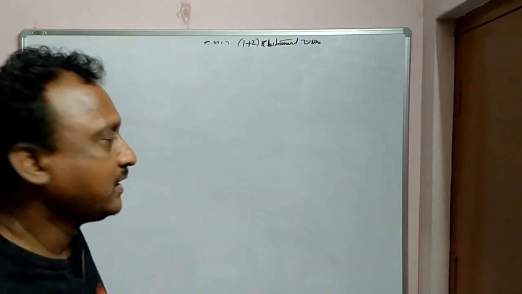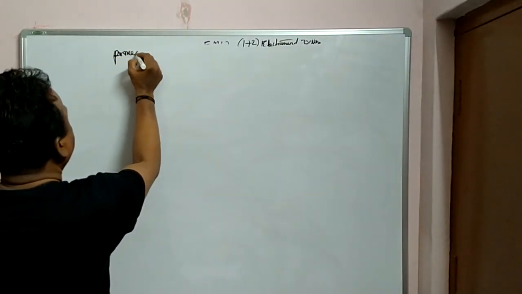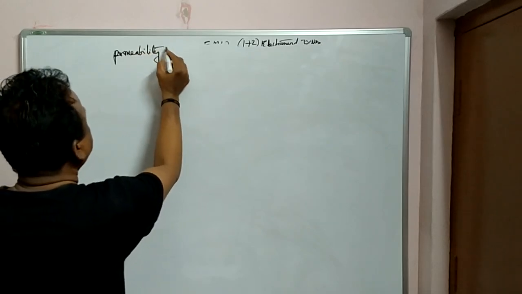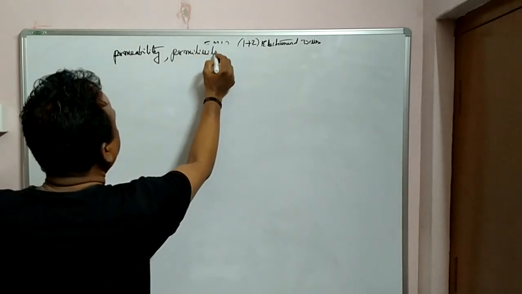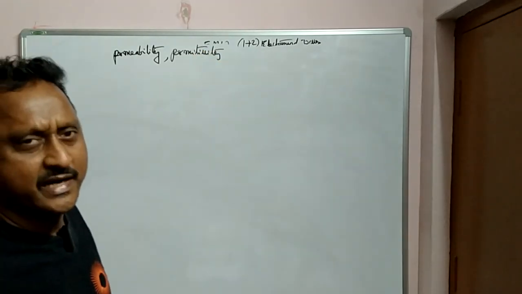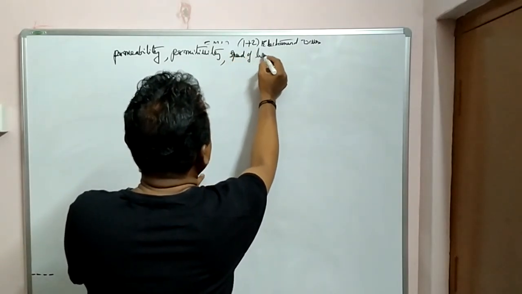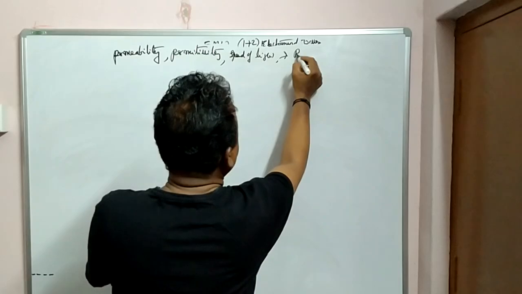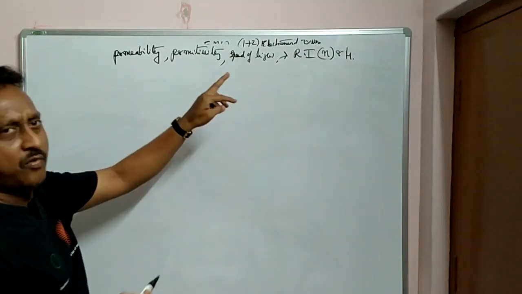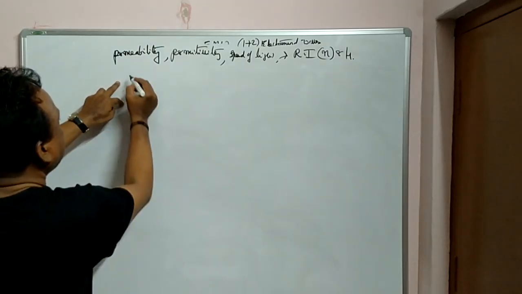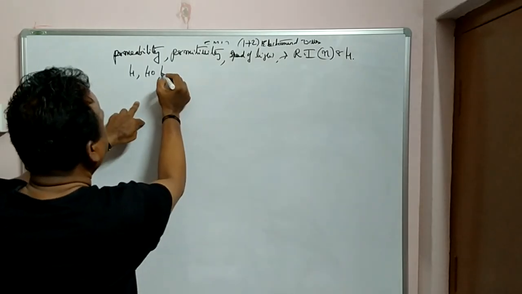Let us talk about the relation between permeability, permittivity, speed of light and refractive index, n or mu. Let us discuss permeability: mu, mu naught, or mu r.